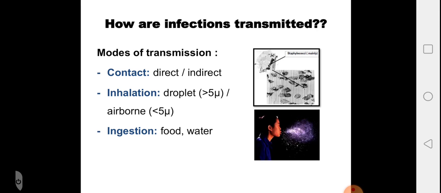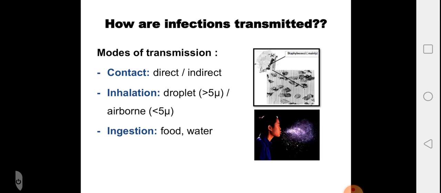Inhalatory route. Okay, inhalation of microbes, either more than 5 microns, it's known as droplet infection, or those less than 5 microns is known as airborne infections. So the droplet nuclei, which are more than 5 microns, once they are coughed out from the patient, can travel up to the distance of 1 meter, that is 3 feet.